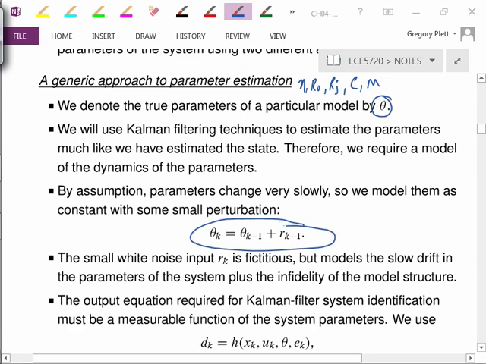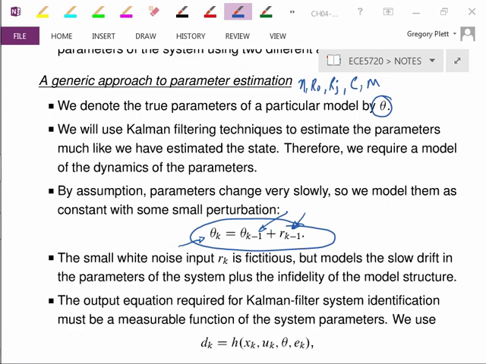And this model is often used. It's saying that the true parameters of the system right now are equal to the prior parameters of the system plus some forcing function. The forcing function is what's causing the parameter value to change. We model it usually being some completely fictitious random noise.